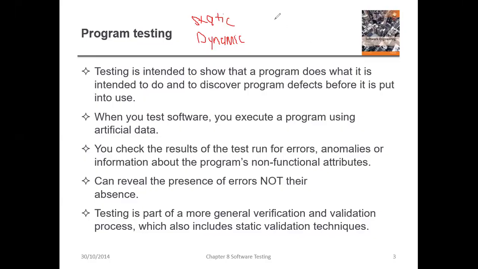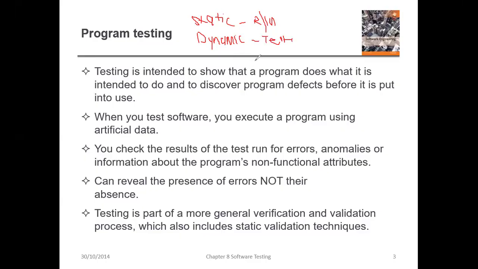All right, so if we look at these two, we can say that reviews and inspections are part of our static techniques. Reviews and inspections are static techniques, and then testing is a dynamic technique. Okay? Why is testing dynamic?